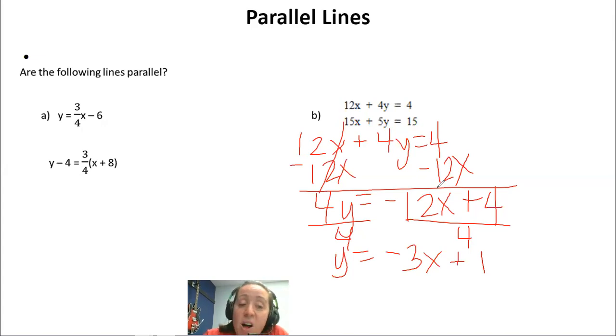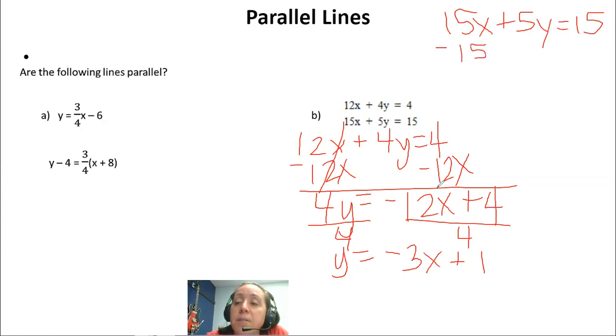And then we'll take that other equation, 15x plus 5y equals 15. We subtract 15x.